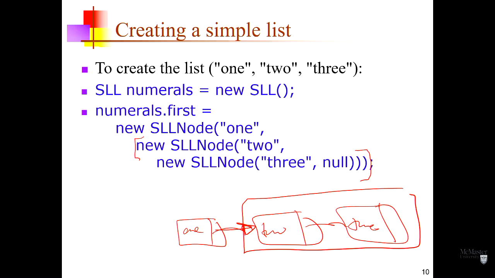If you're confused by this, another way to look into it is from last to beginning, right? The last line here is creating node 3, and it's the last one, so it has to be a null, right? And then the result of this thing is a reference to node 3, right?